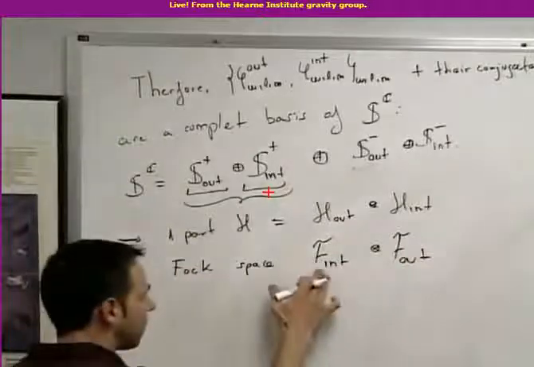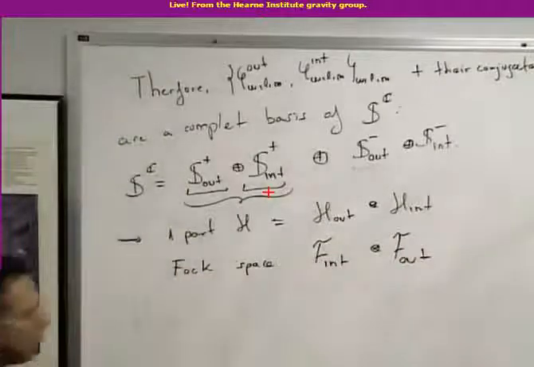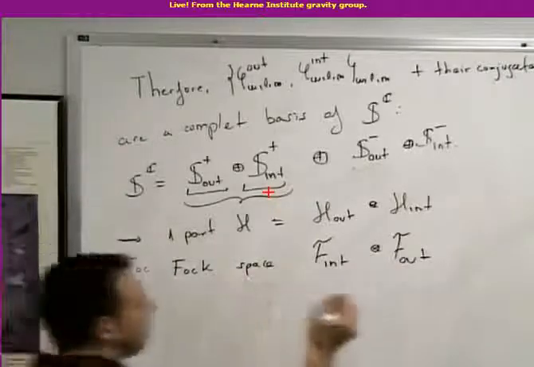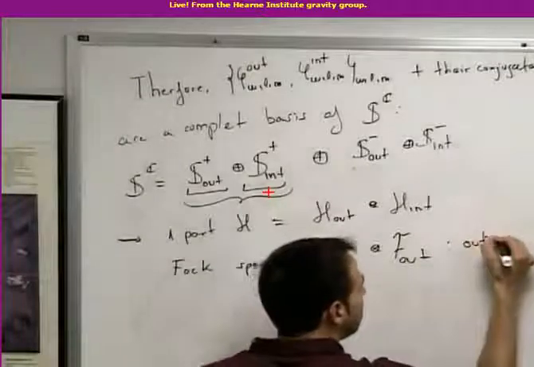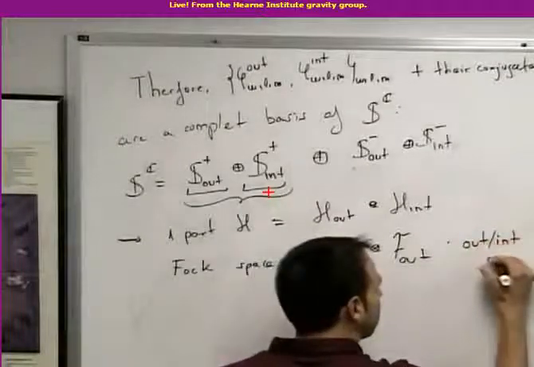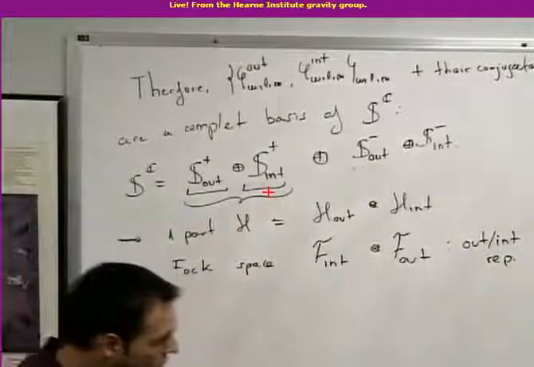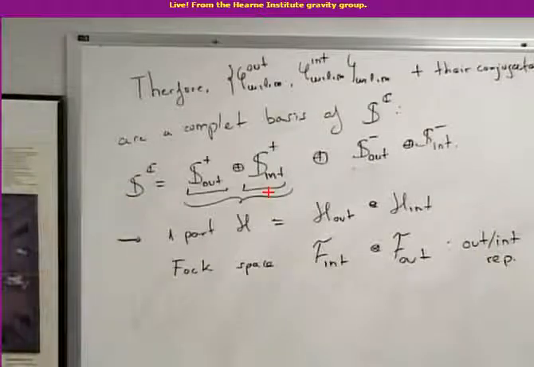This one carries the degrees of freedom that go inside the horizon. This one carries the degrees of freedom that go to infinity. So we can call this the out-in representation, and it's a fully valid representation, as good as the in one that we defined before.